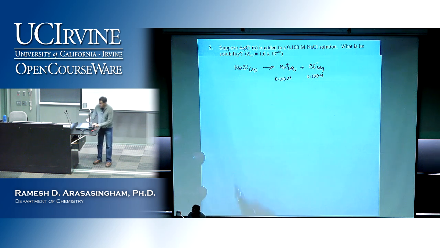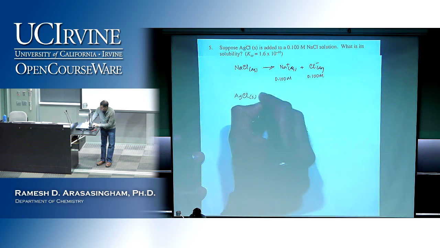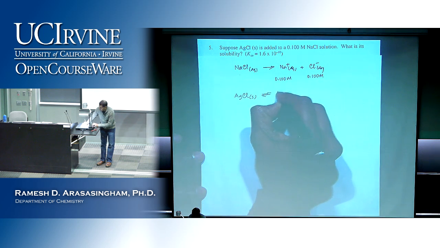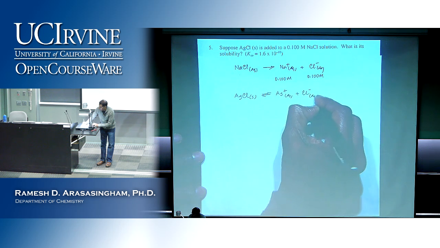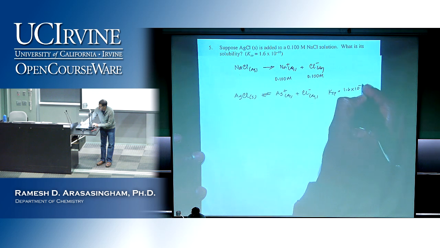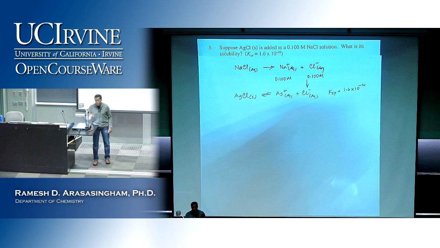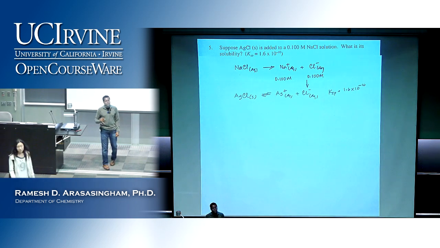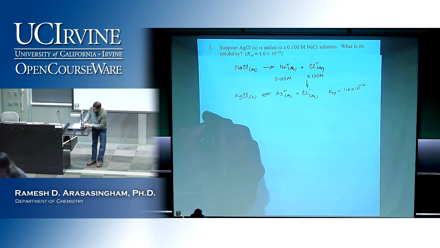The equilibrium we're interested in is AgCl dissolving, and we know that Ksp equals 1.6 times 10 to the negative 10. To begin with, sodium chloride is contributing chloride ions, so now we look at the initial concentrations.